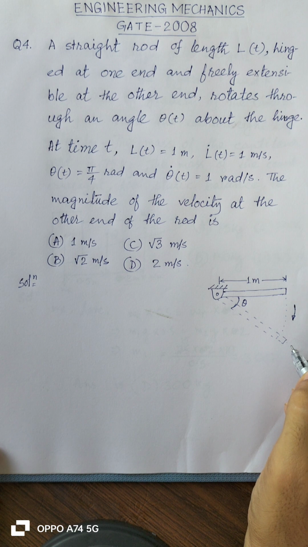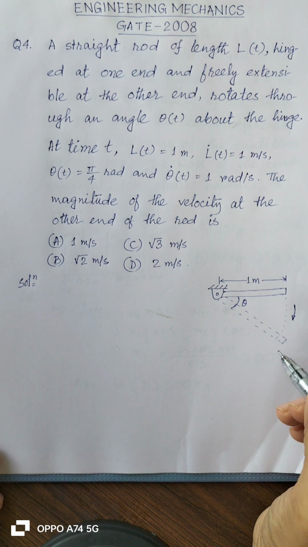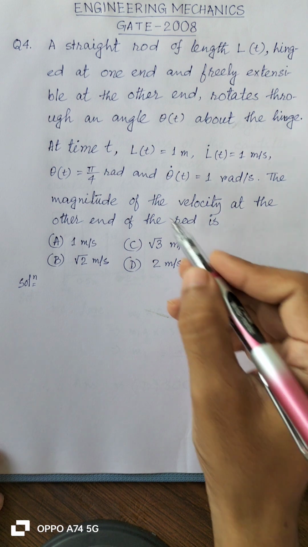So the question is, what is the magnitude of the velocity, that is nothing but resultant velocity, at the other end of the rod? And what is given at time t?